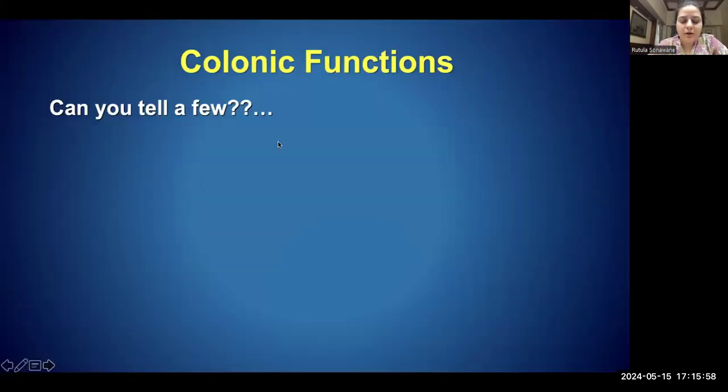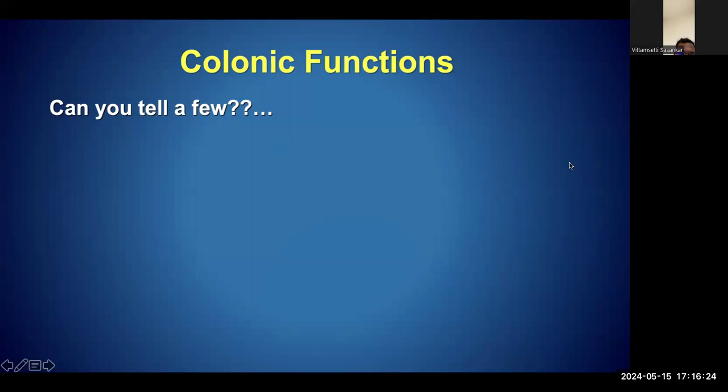Anyone can tell me what are the normal functions of a colon? Any normal colon? What happens in the colon? Absorption of essential nutrients and removing the excreta outside.